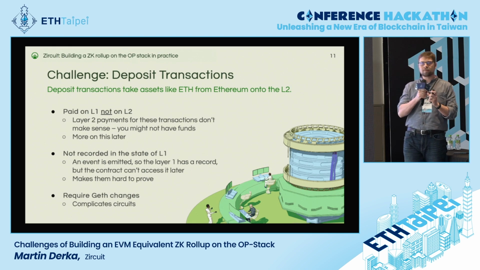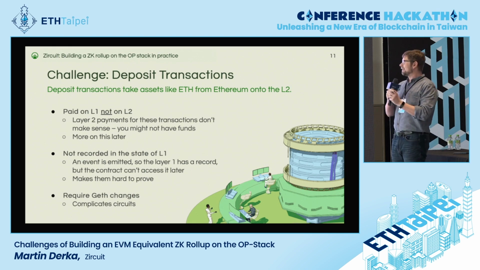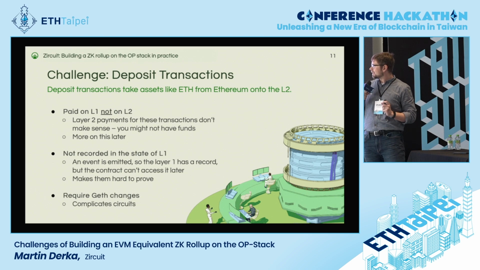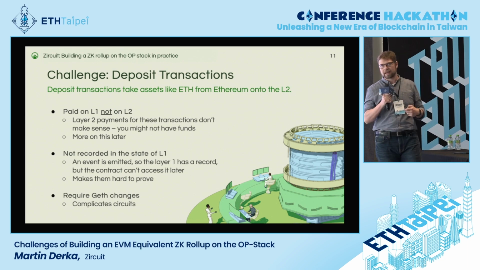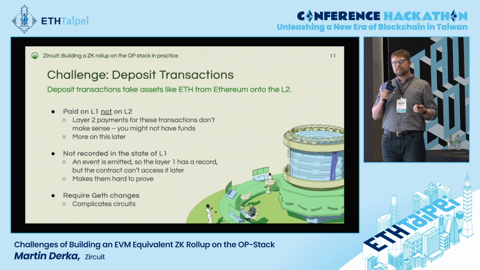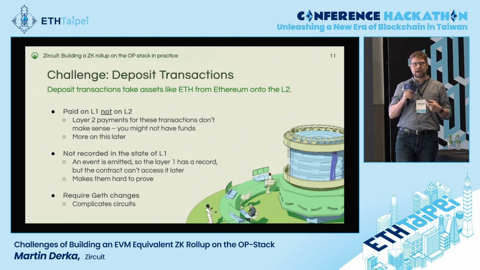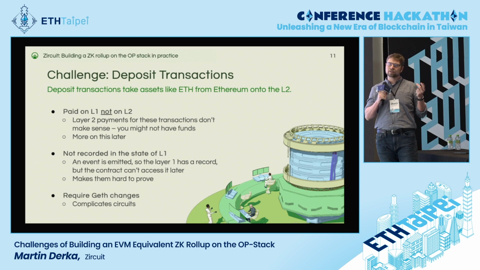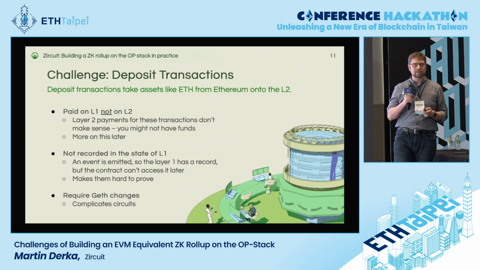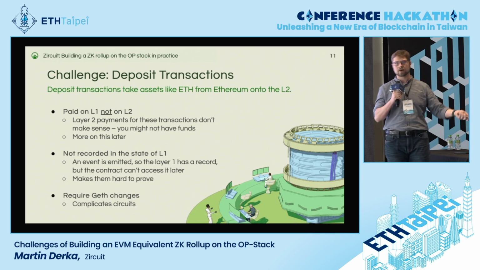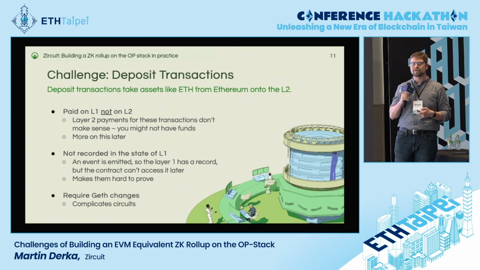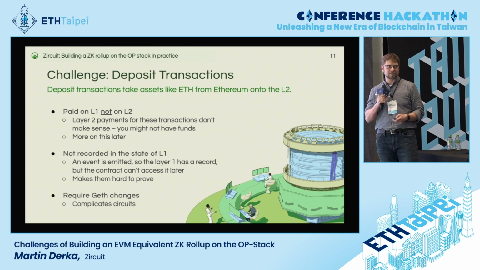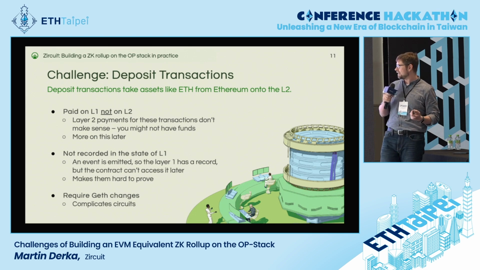Those are the problems with payments, and I already touched on that a little bit, but those are not the only problems that relate to the deposit transactions. The problem is that in the OP stack, they're actually not included in the state of any smart contract, and they are not included in the state of the blockchain in the sense that would be accessible to smart contracts, specifically the verifiers, when they need that, right?